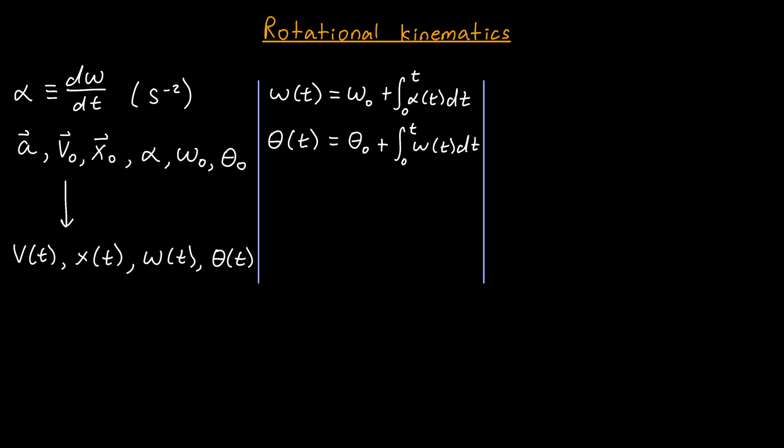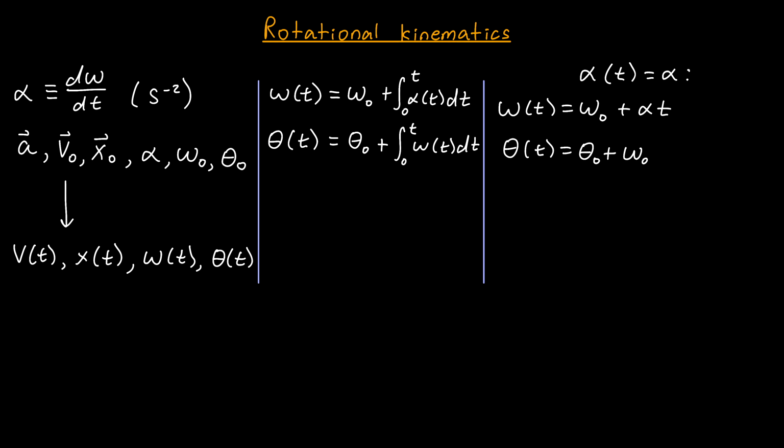Now, these are the general formulas, but just like in linear kinematics, there are certain shortcuts that we have for constant acceleration, right? So in this case, if our angular acceleration, alpha of t, is a constant, meaning it's some number alpha, then we can actually evaluate these formulas, and we get omega of t is omega naught plus alpha t. And theta of t is theta naught plus omega naught t plus 1/2 alpha t squared, right?